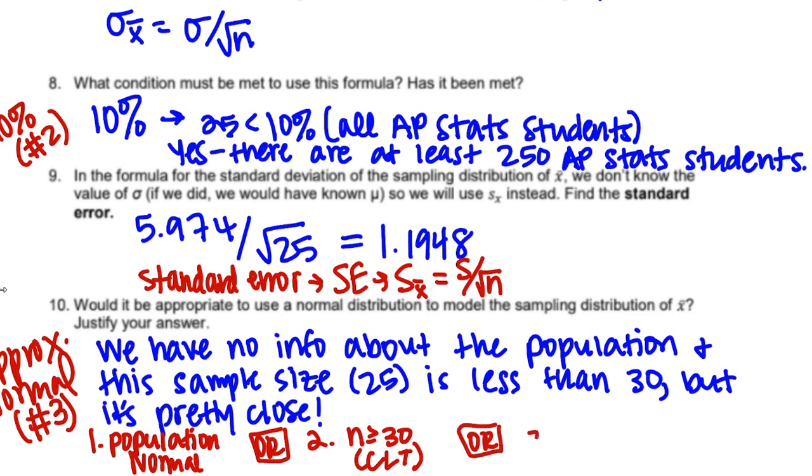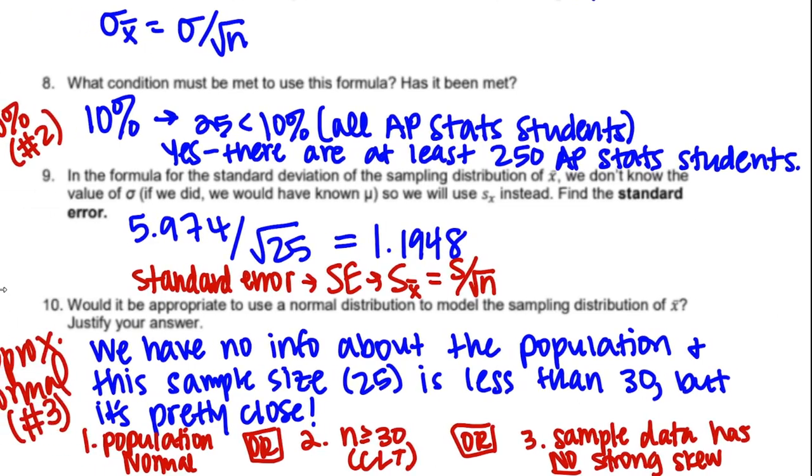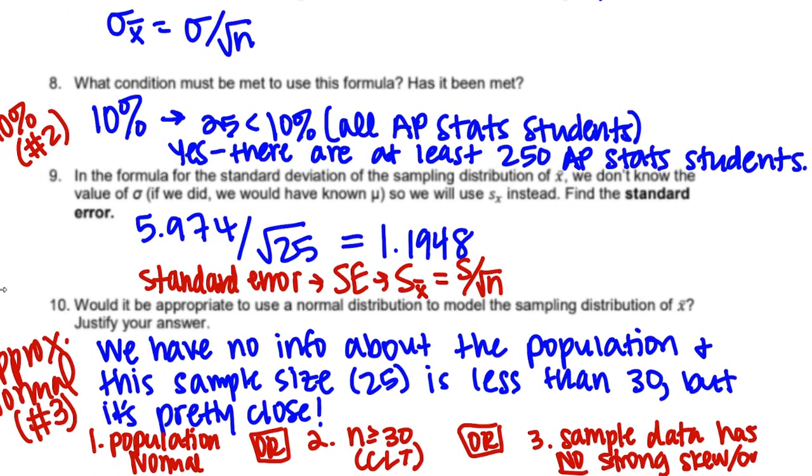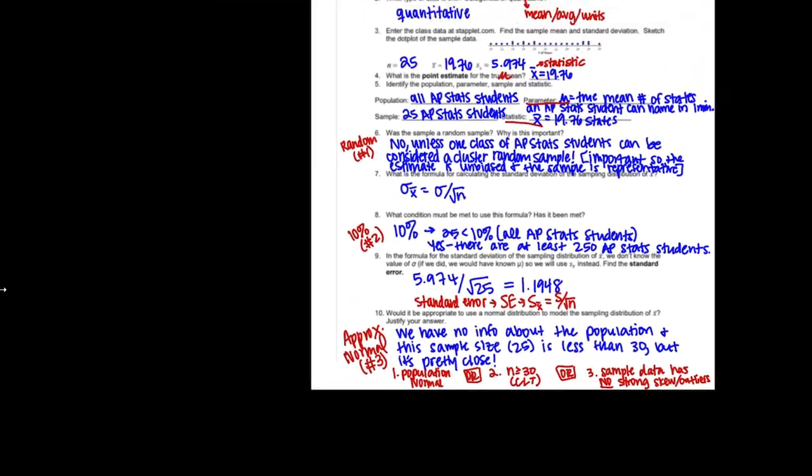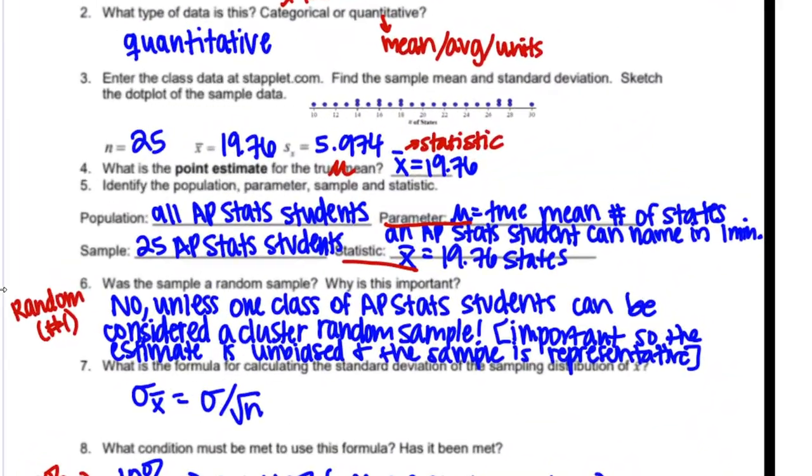Or, like this case, what we say is the sample data has no strong skew or outliers. So what we can do is look back up here at the sample data.